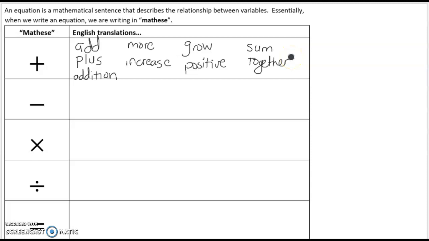When we look at the next one, subtraction, some of the English translation words that you might read or hear would be subtraction, subtract, or minus.